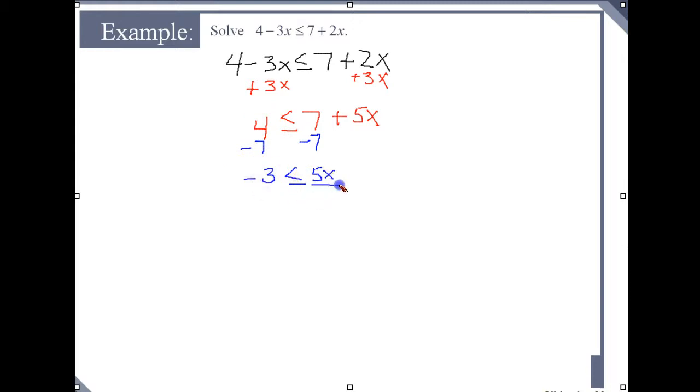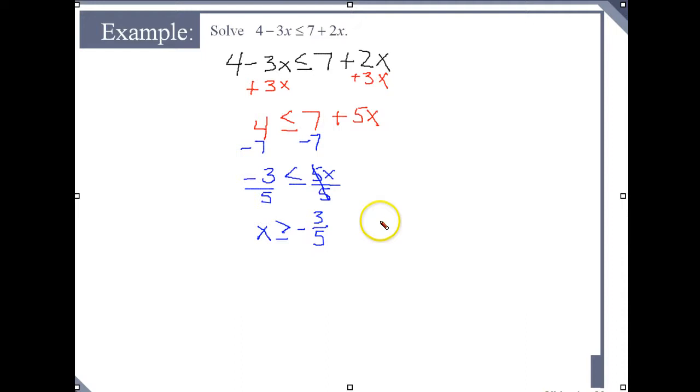So when I solve for x now, I'm going to divide each side by a positive 5. In so doing, I don't have to reverse the inequality. And if you like to write it with the x on this side, that's fine. Just when you do that, you're going to put the open end toward the x, and that's x is greater than or equal to negative 3/5.